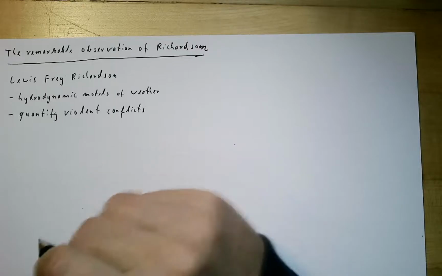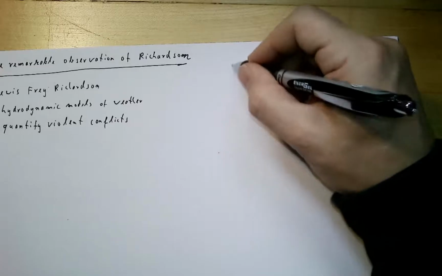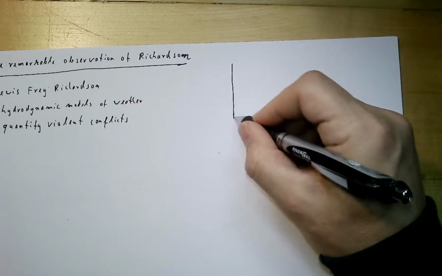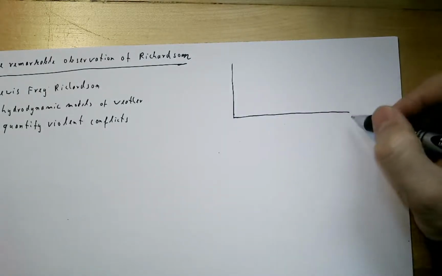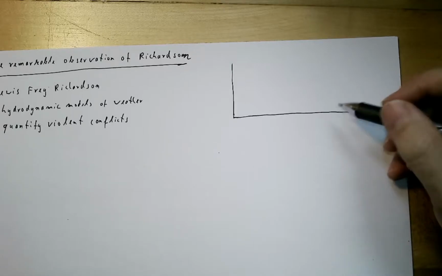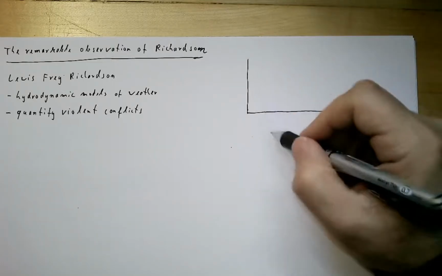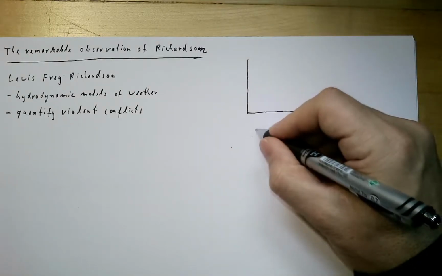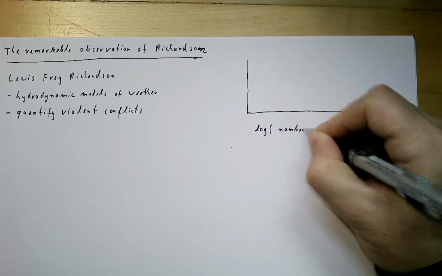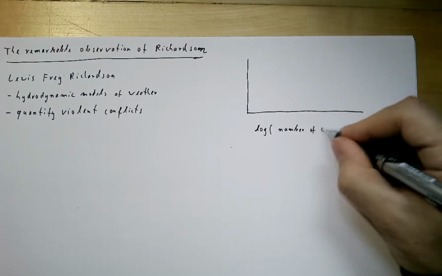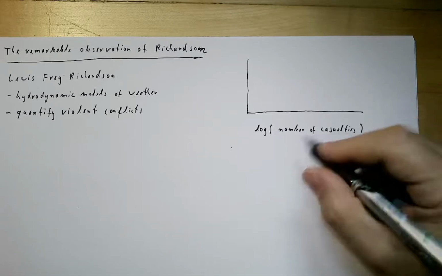And here actually he made a very cool discovery. He made histograms, so he was one of the pioneers to quantify something like this. But how do you quantify the strength of a violent conflict? You plot the log of the number of casualties in the conflict, so the number of deaths.